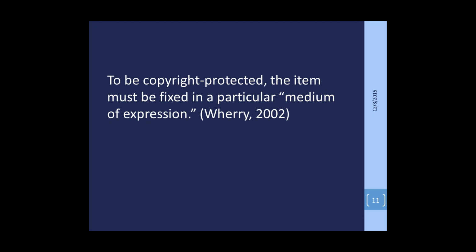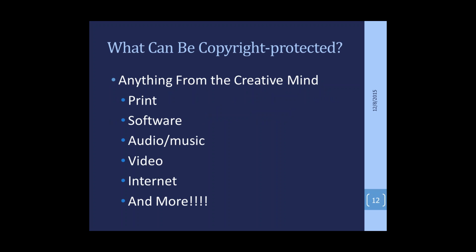In addition, architectural items, buildings, whatever. And on this particular slide, I've listed some of the more common ones that you might be working with in your particular libraries or environment.